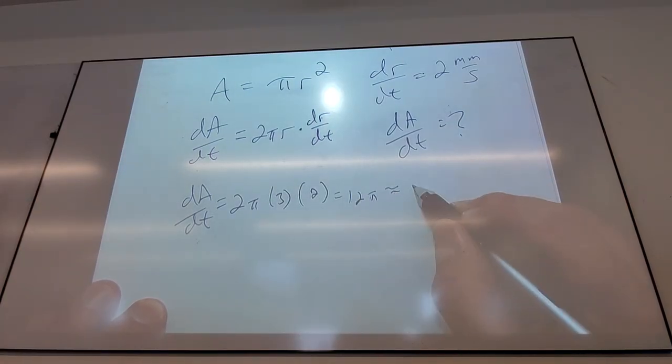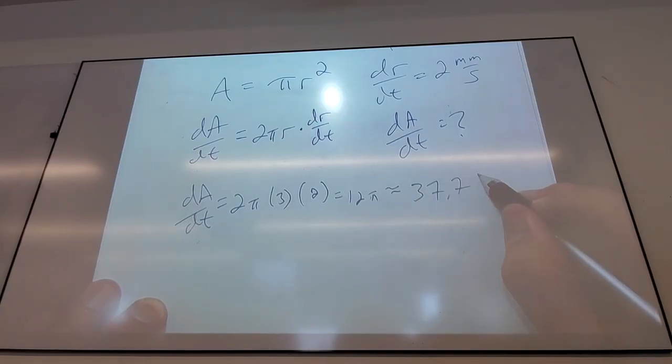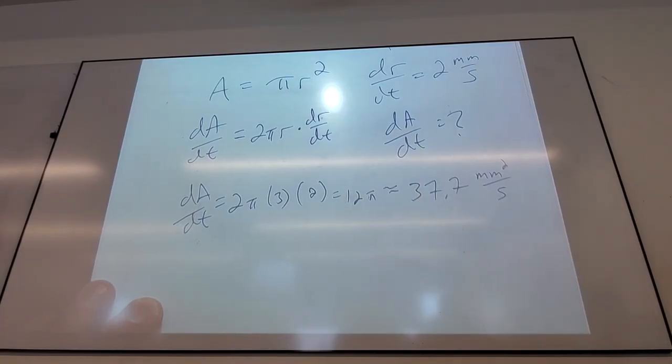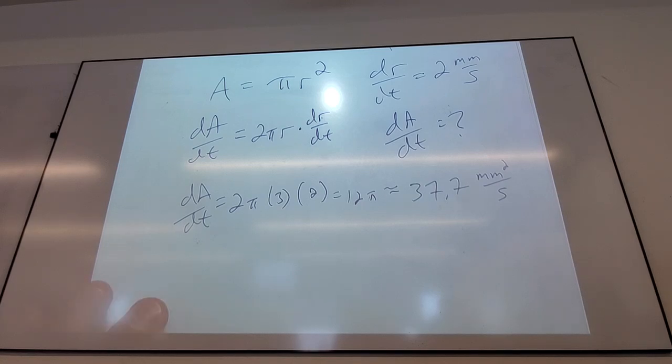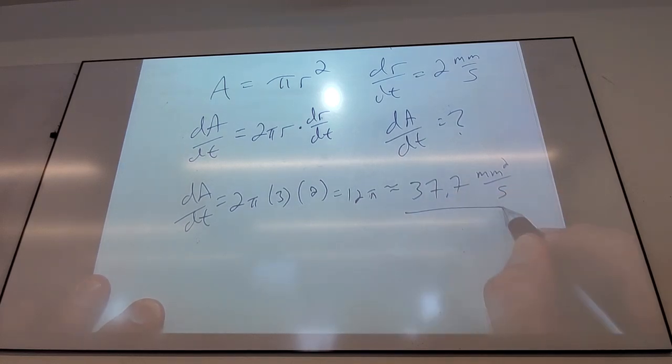Which is roughly 37.7 square millimeters per second. So that's the instantaneous rate of change at 3.